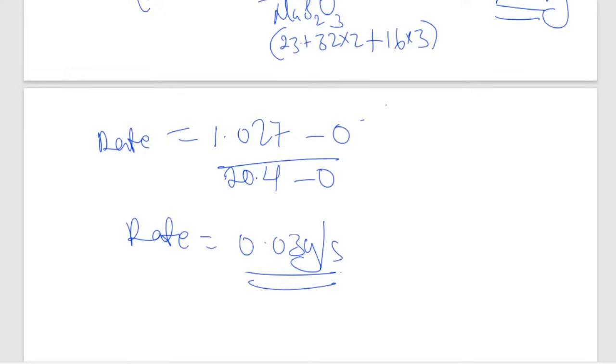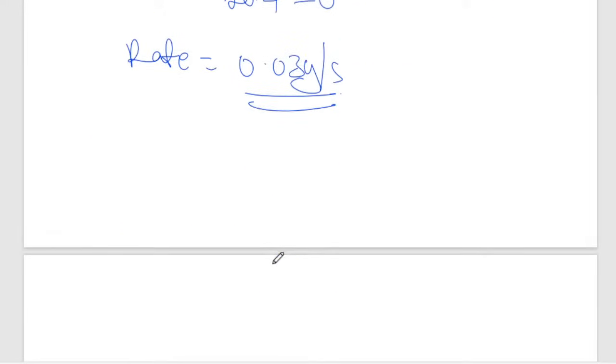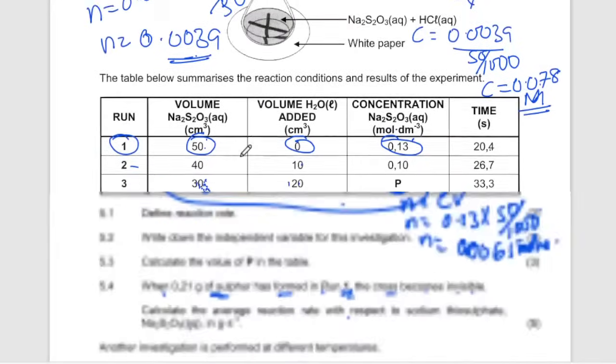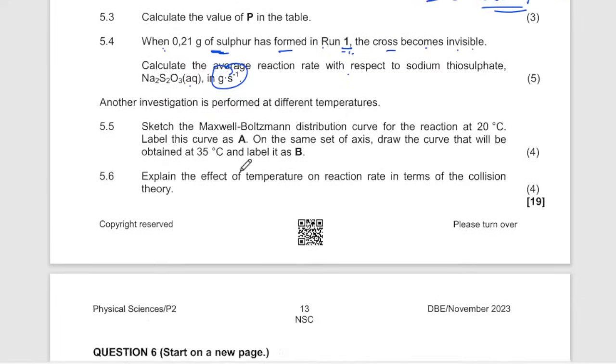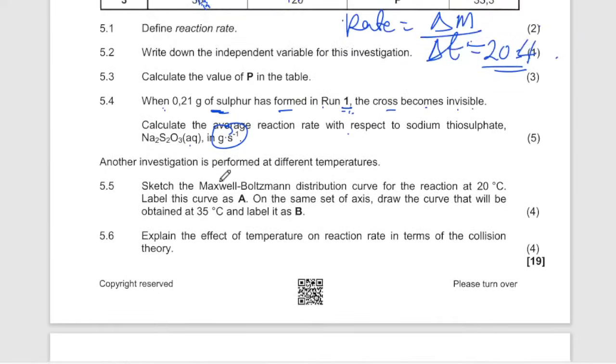When we go to the next question, they're saying that another investigation is performed at a different temperature.